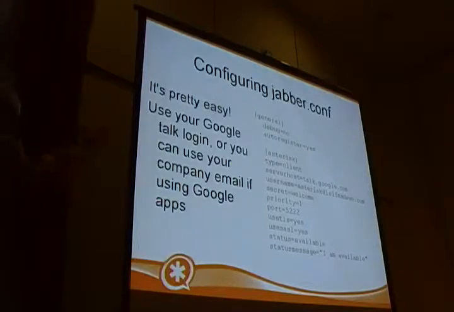I'm going to act as a client. The host is talk.google.com with my username and password. I actually created a separate user as Asterisk so that my Asterisk box can send messages as itself as opposed to someone else. And then this is just how to connect and what my default status is and what the default status message is.